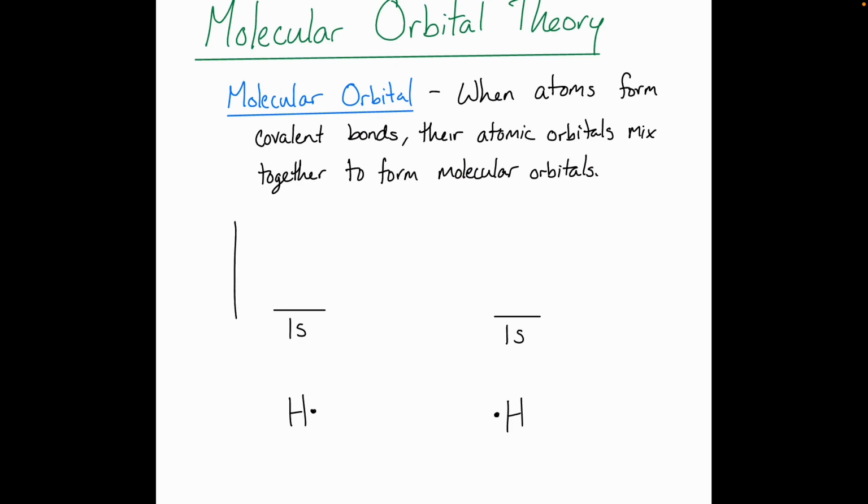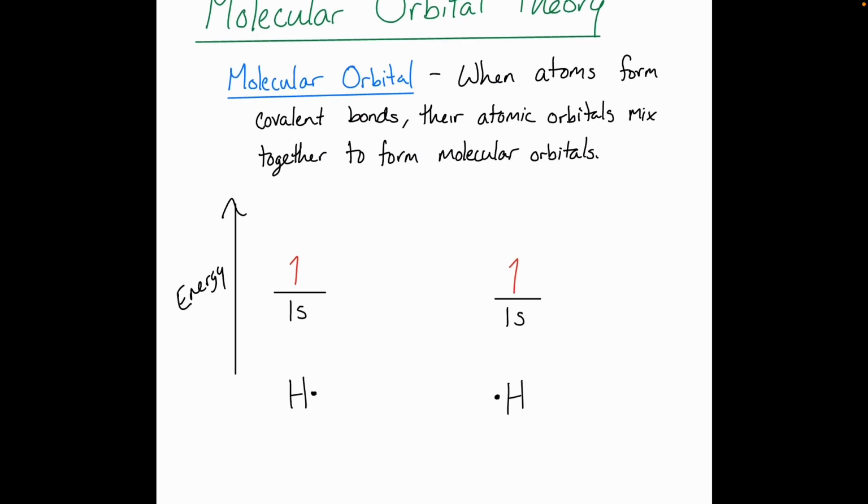We're going to put a y-axis on this of energy. All right, and we're going to fill in this orbital diagram here. Remember, how do we represent our electrons in these diagrams? Yeah, the arrows, right? So each one has one electron living in its 1s orbital when they're separate.